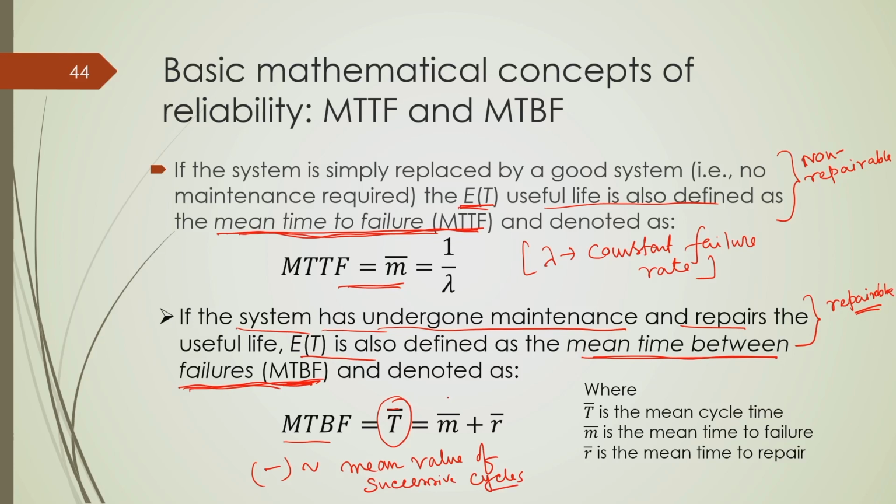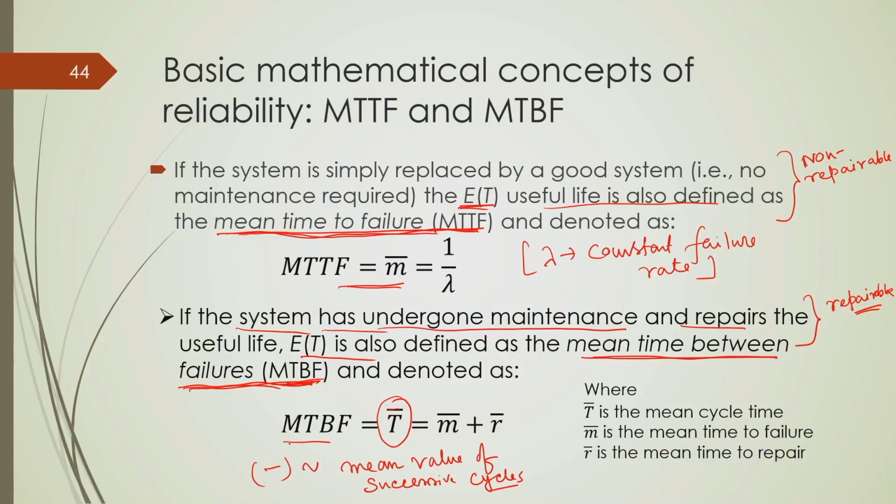For this kind of system there are repetitive cycles of operation and repair. One time period is the summation of the operating period plus the repairing period, so T bar is equal to M bar plus R bar, where M bar is the mean time to failure and R bar is the mean time to repair. And capital T bar represents the mean cycle time.